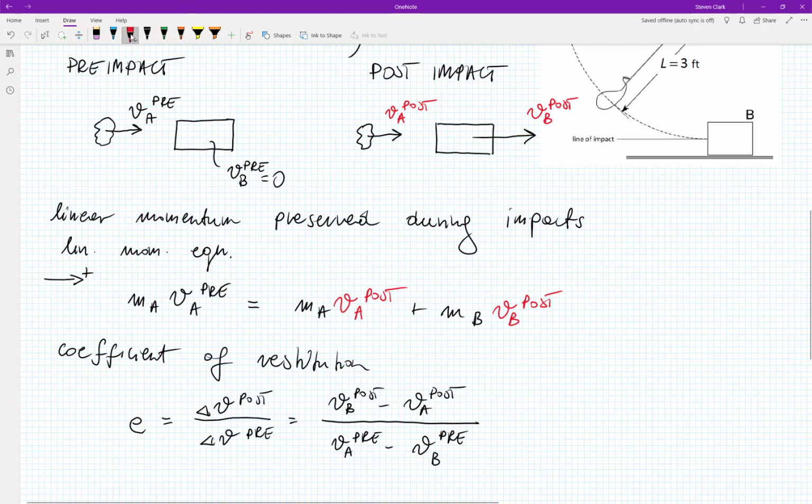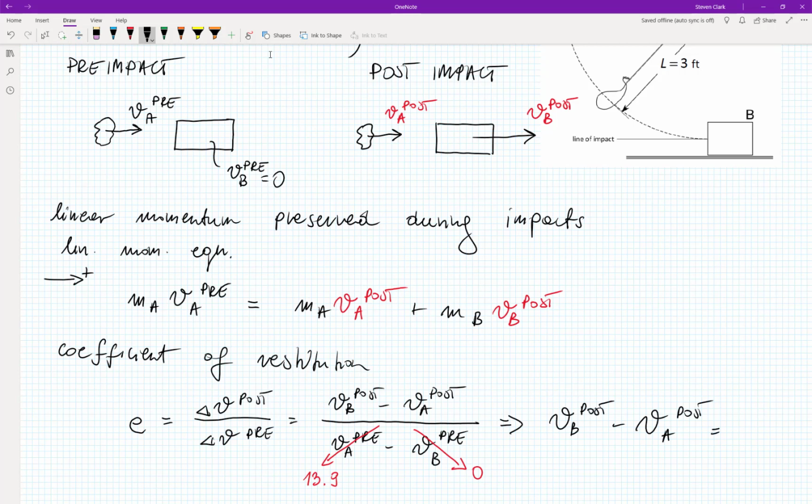Okay, and I think that pre-impact body B was motionless, and velocity of body A we found in part 0. This is 13.9. I think we found the second equation, because in here we can see that VB post minus VA post is equal to 13.9 E.